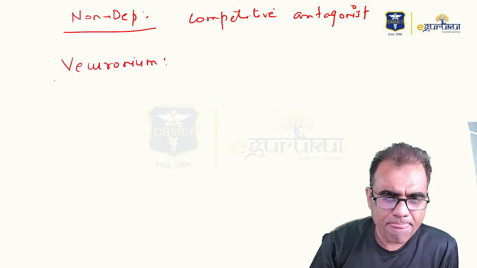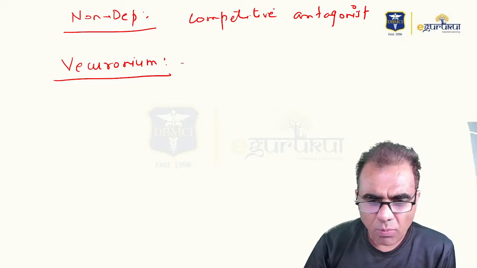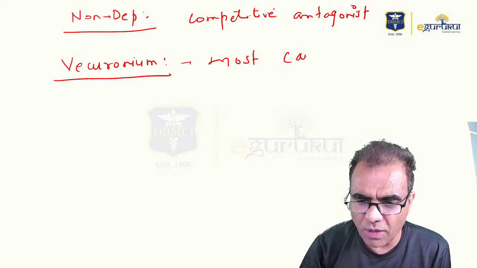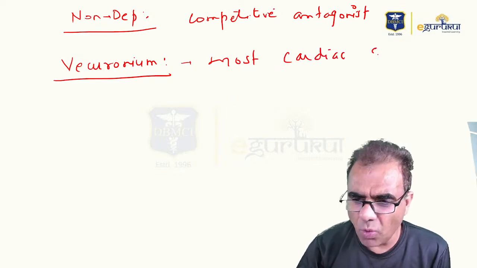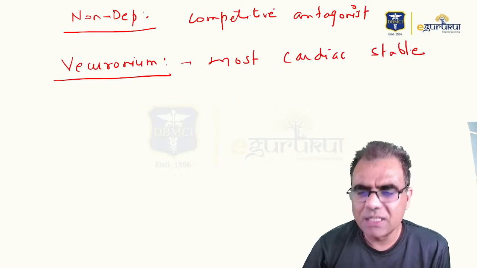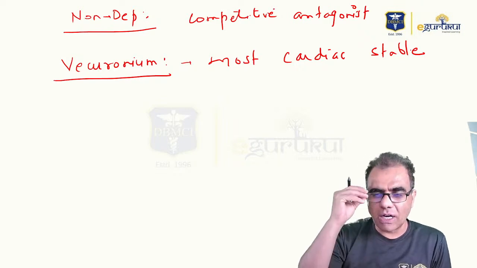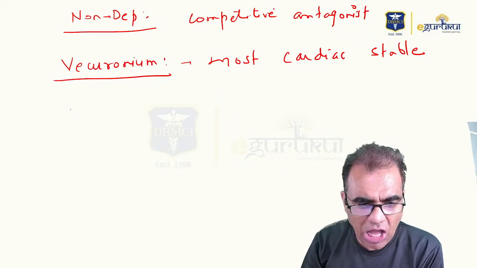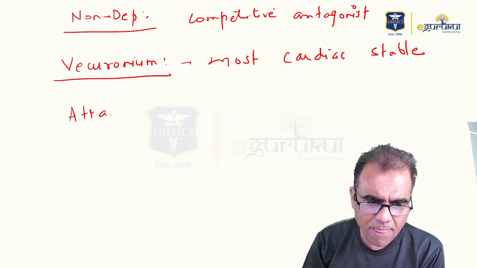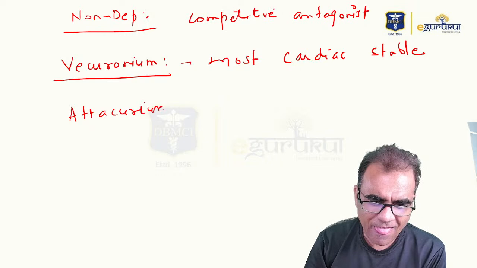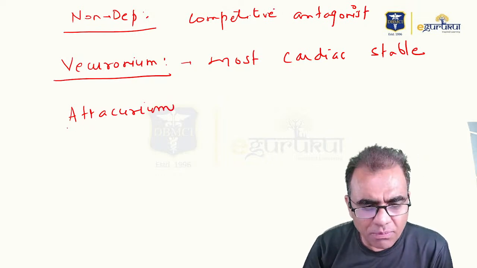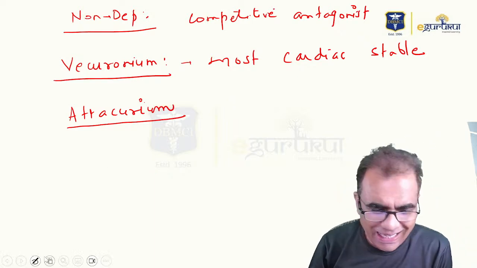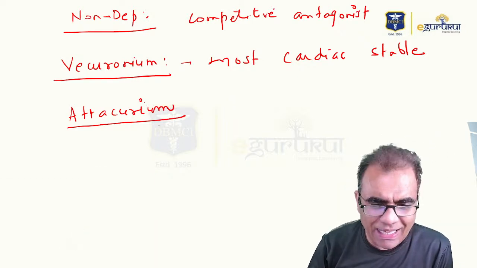Among the non-depolarizers used, the most important thing about vecuronium that you can remember is that it is the most cardiac stable. Then atracurium. The unique feature of atracurium is that it is spontaneously degraded.